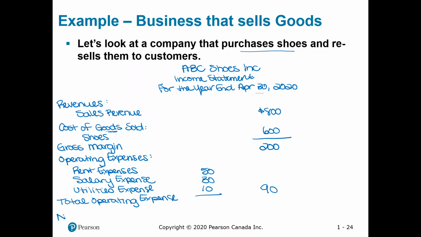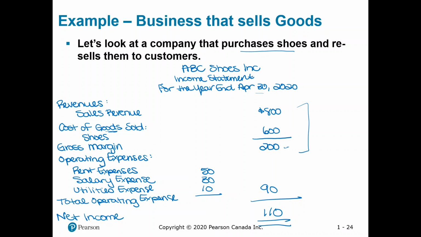And that gets us now to our net income. So the gross margin, we've already subtracted the cost of goods sold. Now we subtract our operating expenses and we get to $110. So a business that sells goods has this extra step in here where we're calculating gross margin.